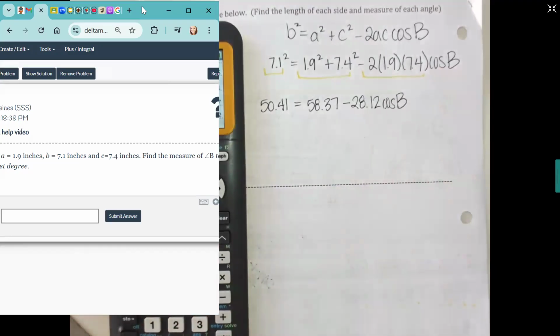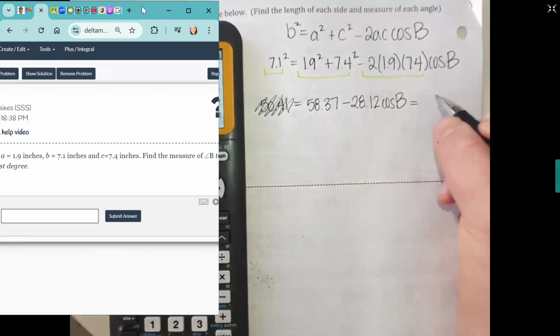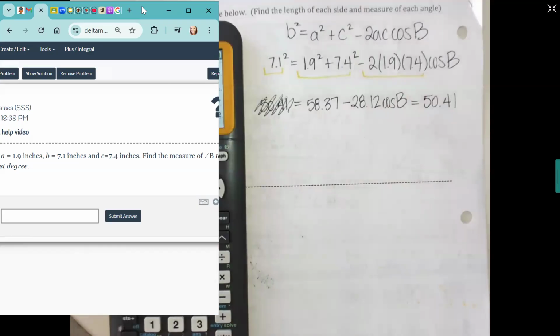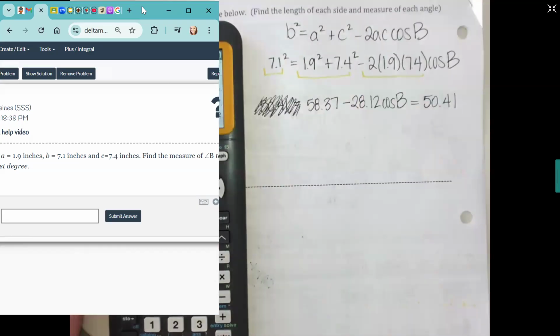What was our next step? What number did we move? Equals 50.41. Move it to the other side. So now it's equals 50.41 over here. What is the next number that we moved to solve? The 58 or the 28? 58.